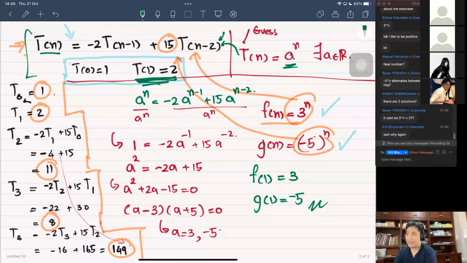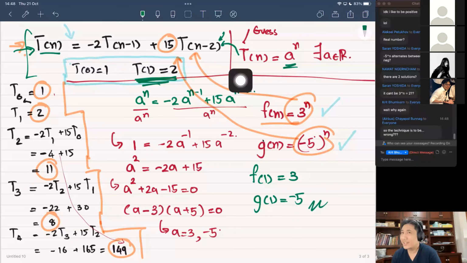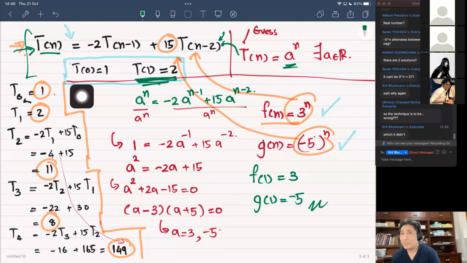Not only do you need to satisfy the recurrence, your solution needs to satisfy the initial condition. You need to be able to plug in t0 equals 1, which both of them do, and t1 equals 2, which neither of them do. So neither of them is a solution.